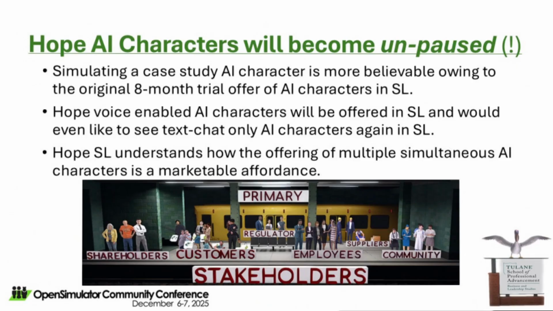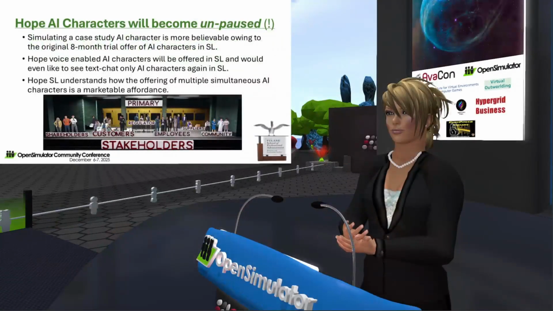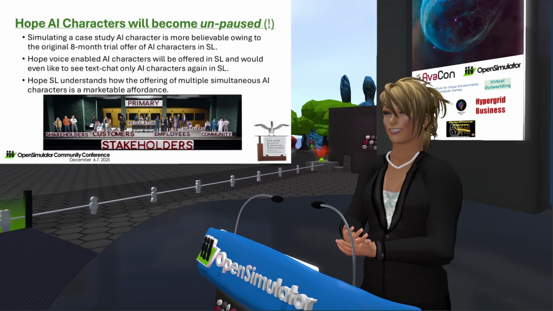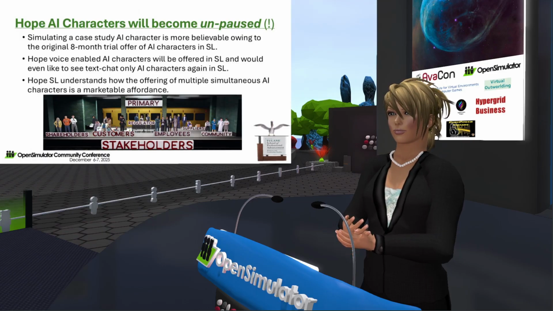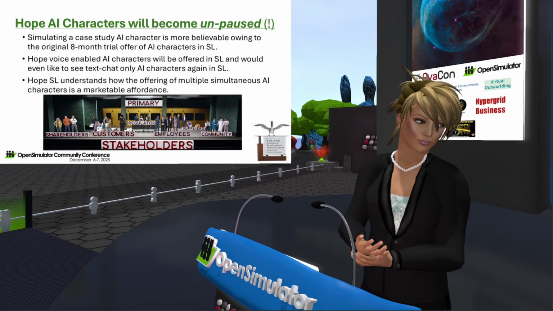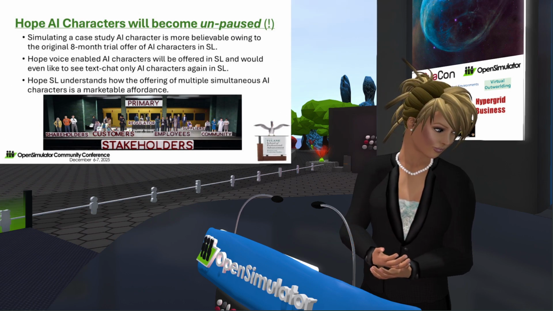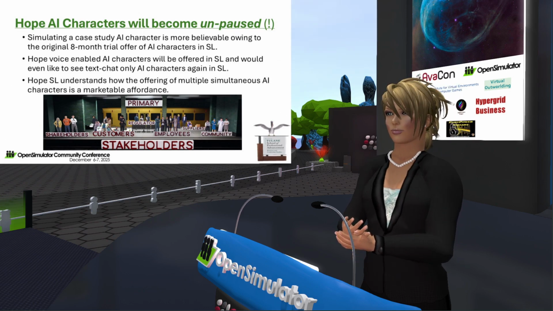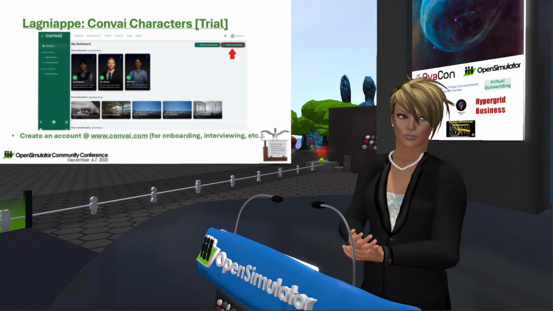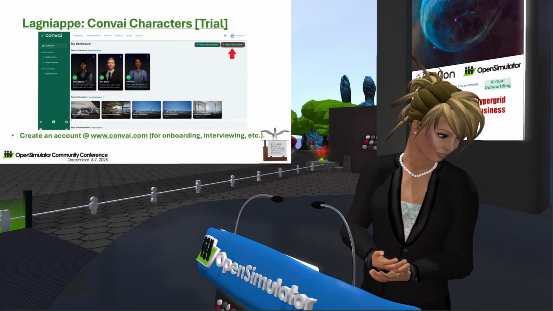But the bottom line is that I hope SL and everyone understands that this is like a major new affordance for virtual worlds to be able to enact and set up AI-driven characters and multiple characters. That's my hope. But once again, as usual, OpenSim is probably going to come to the rescue of all of this.